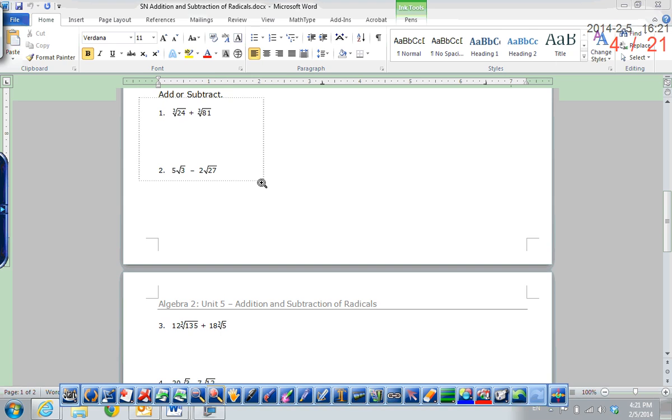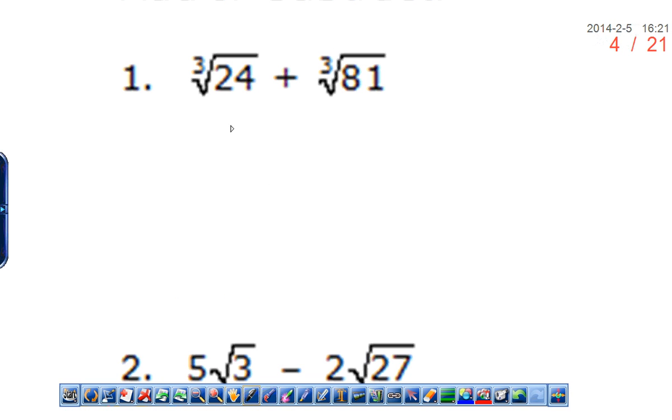Okay, the first couple here, they're not the same, so I have to break this down. 24 breaks up into 8 times 3, and 8 breaks up into 2 times 2 times 2, and then times 3. And then 81 breaks up into 3 times 3 times 3 times 3.